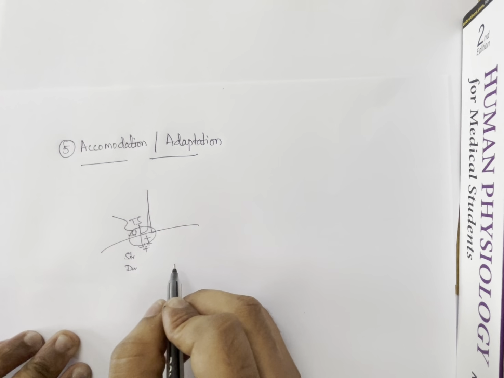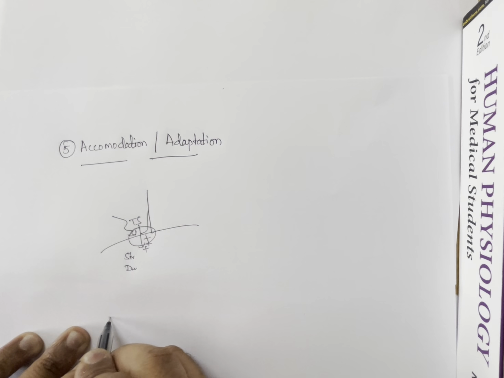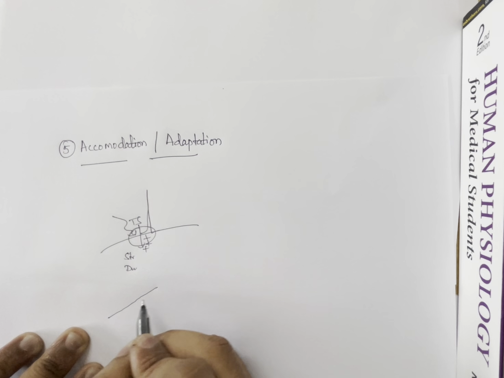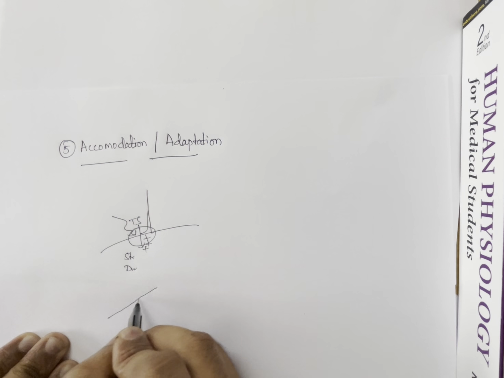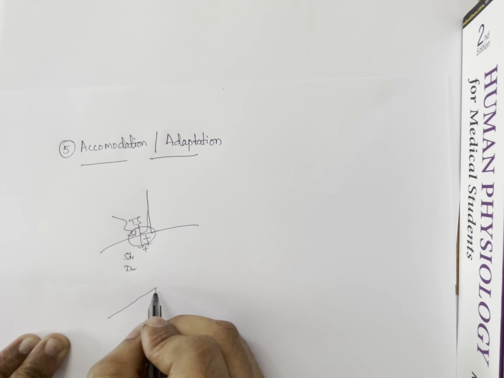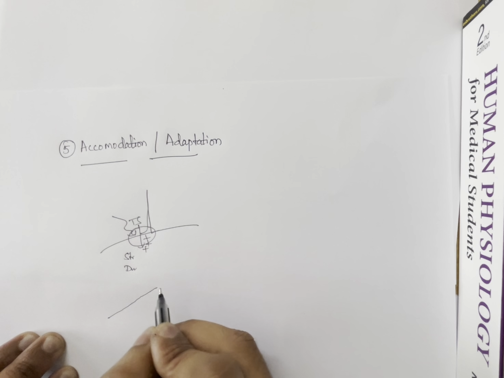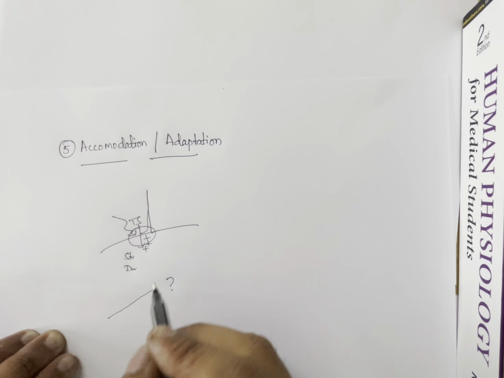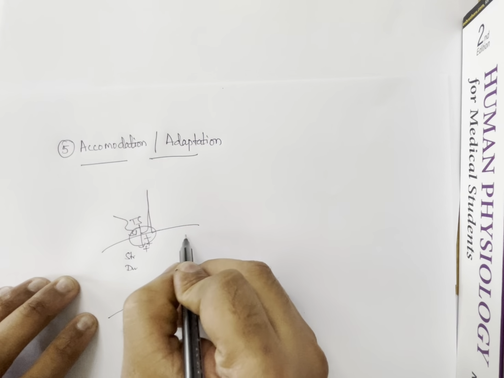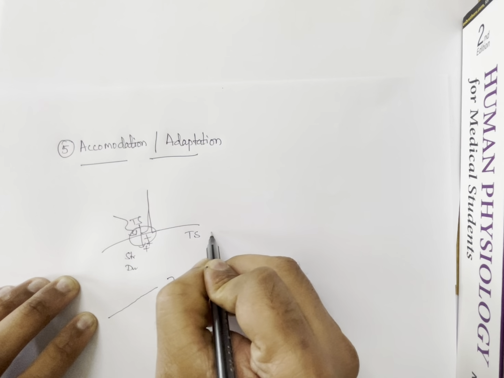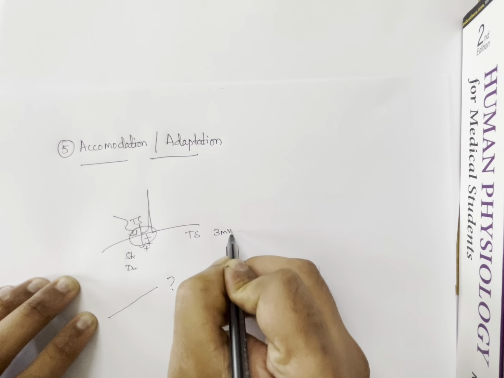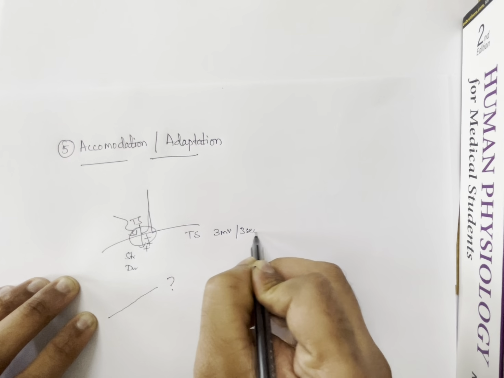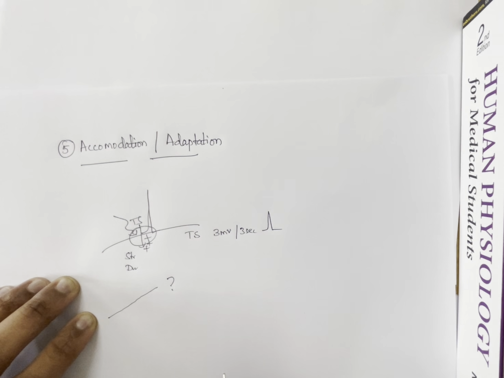So if at all you increase the strength of the stimulus slowly to firing level, whether the action potential is generated? See, consider hypothetical values. A threshold stimulus of 3 millivolt applied for 3 seconds, action potential was generated.